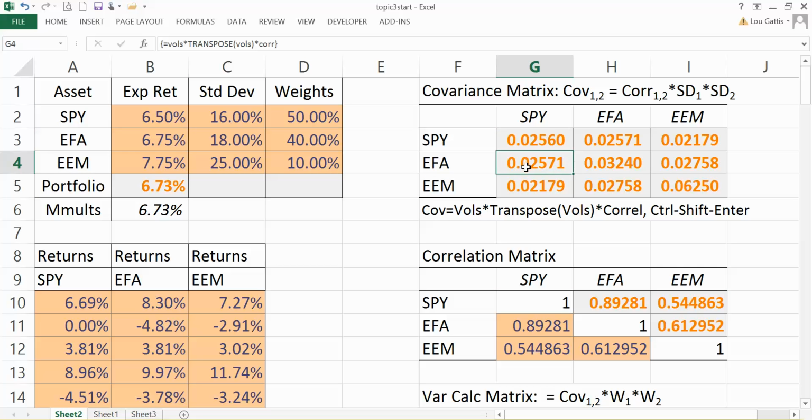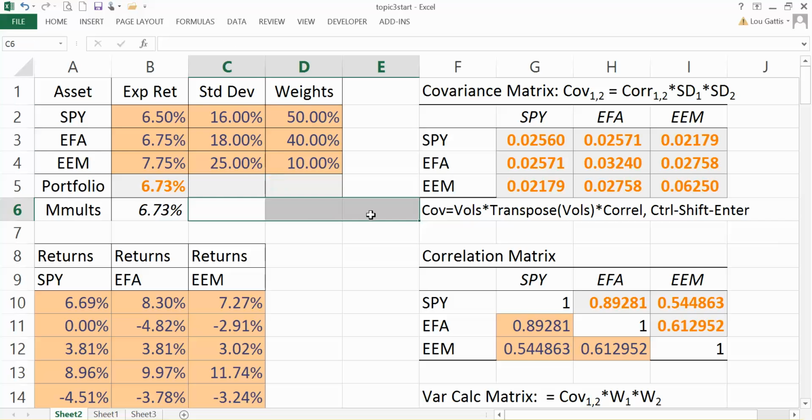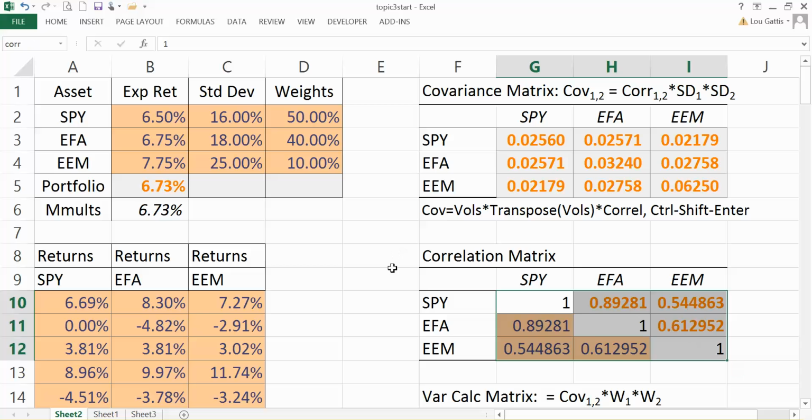So this number here is going to be this times a transpose of this, turning it into a row vector, times this. So effectively it's just going to line up and take this value, none of the other values in this vector, times this value, again times no other values in this vector. And then once it transposes it, it's going to pick up SPY. Okay, so this is a little trick to create a covariance matrix from a correlation matrix.